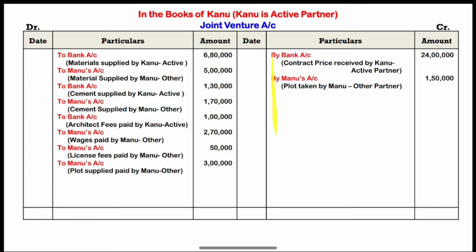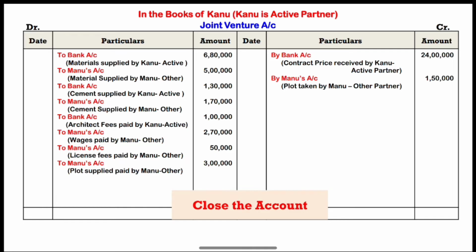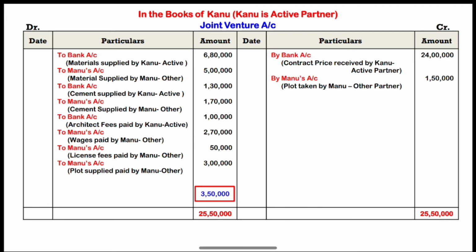Now we have to close joint venture account. So when we close joint venture account, credit side વધારે amount છે. Here we have 25,50,000. Here also 25,50,000. If we deduct everything, we will get balance rupees 3,50,000.